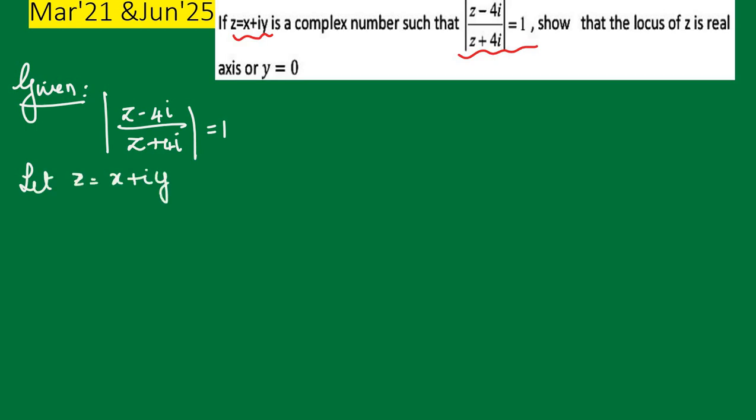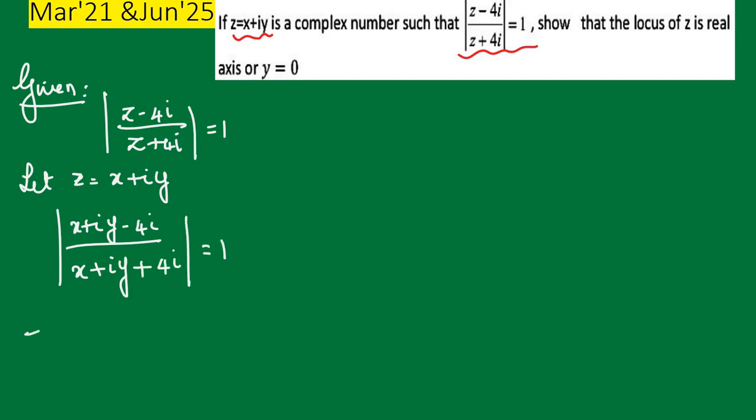Now substituting x plus iy, we get modulus of (x plus iy minus 4i) divided by (z plus 4i). Z, we substitute the value as x plus iy plus 4i, is equal to 1.